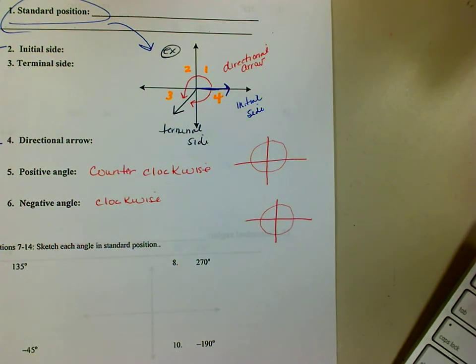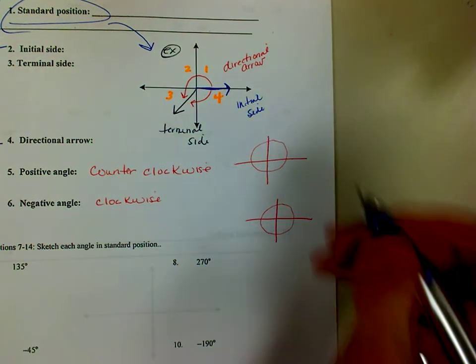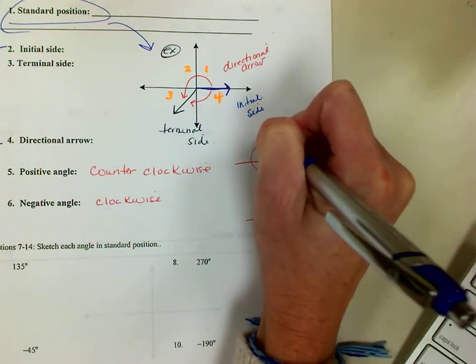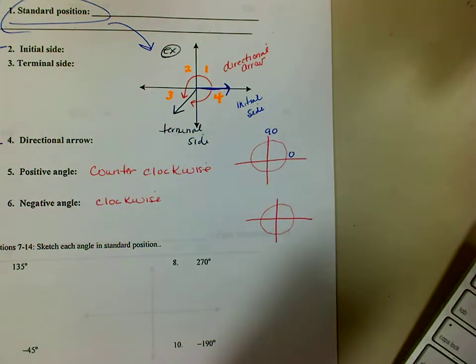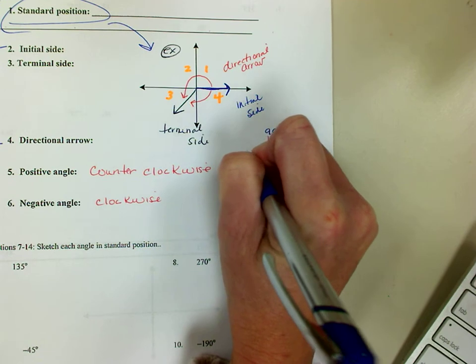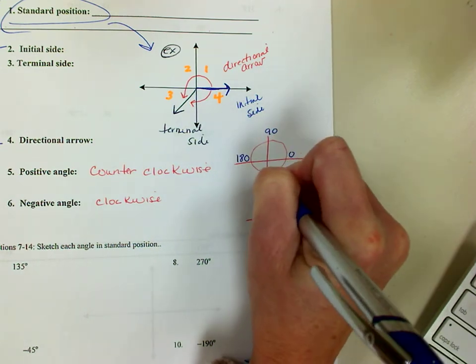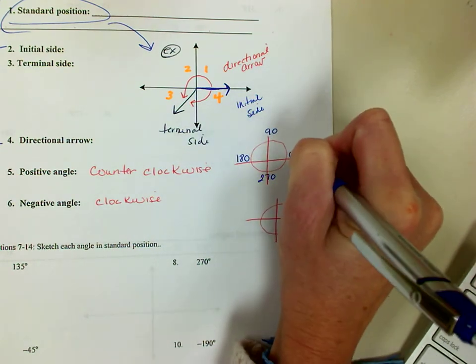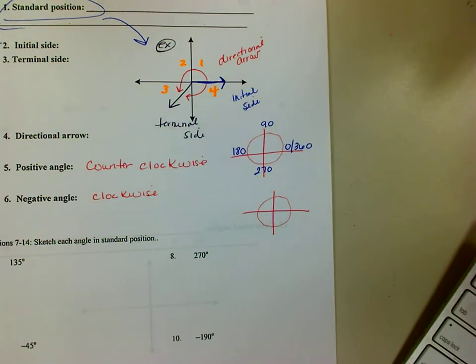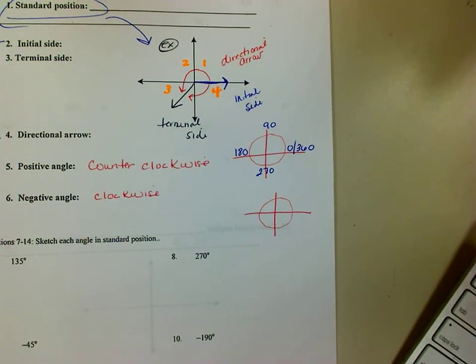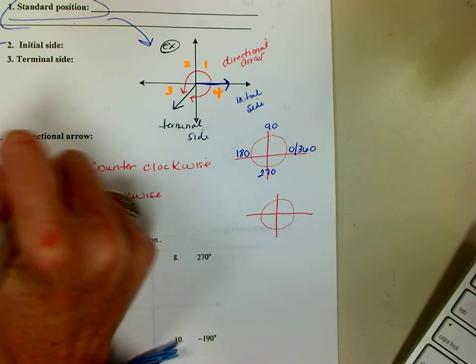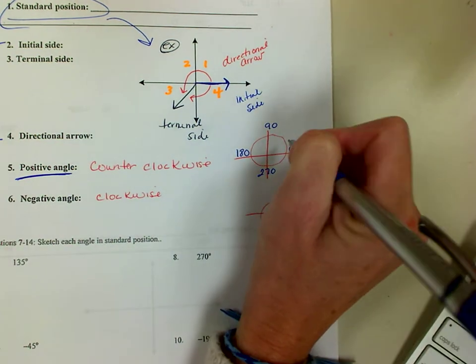So let's do the positive angles first. You're going to start off at 0 degrees, and then we're going to go up to 90, 180, 270, and then we're going to end up at 360. And those are the positive angles. I go counterclockwise. I'm going to go this way.